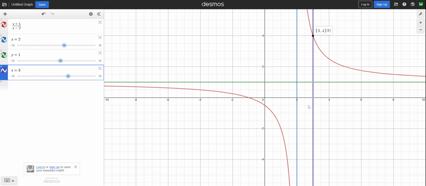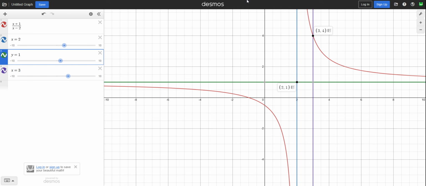Aha, 3, 4 is a nice point. Okay, so the intersection of the blue and the green lines, the horizontal and the vertical asymptotes, and then 3, 4 is the point on the red line. So those 2 points I'm going to use in graphing. So 2, 1 is the first point I have to graph, then 3, 4.